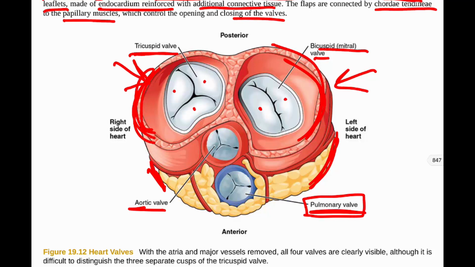When the ventricle relaxes, we're going to have blood dribble down, if it doesn't get all the way out and into the lungs, and it'll fill up these little cusps. These are flaps that it fills up, and that's what closes them, because of the dribbling down and filling up of each of these flaps, and then it ends up closing them so the blood does not go back in.